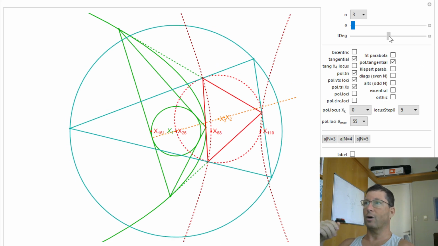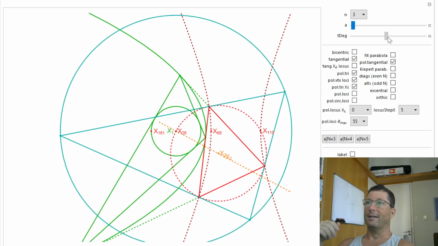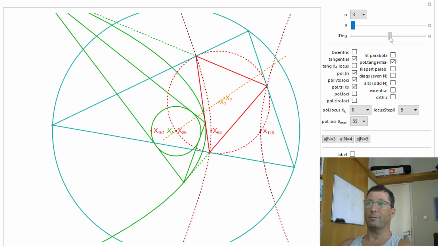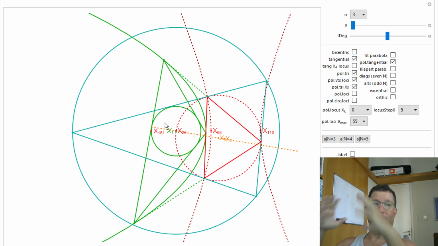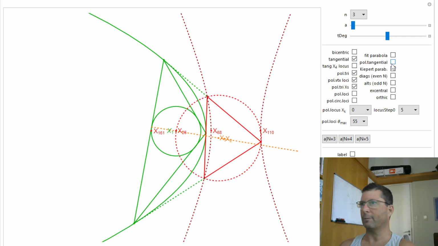As you jog through the family, the circumradius of the cyan triangles is changing, but the circumcircle remains concentric with the original incircle of my green family. So you have two circles here that are concentric, but this is not germane, so I'm not going to spend any more time talking about the tangential triangle to my polar. I want to talk about the polar triangle here.